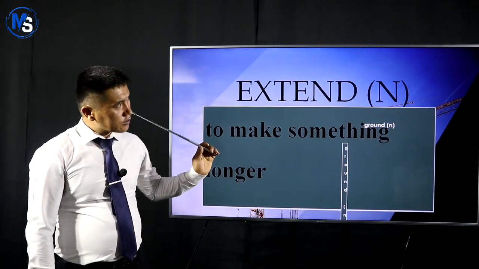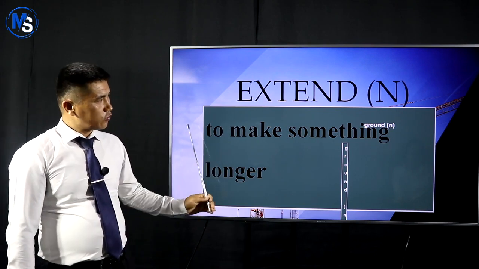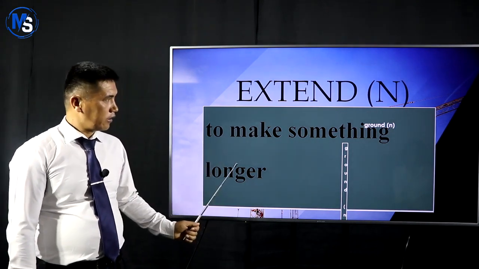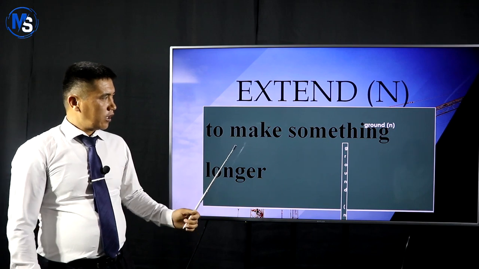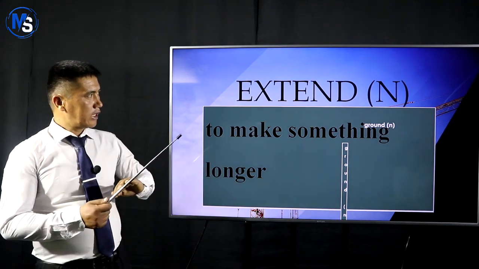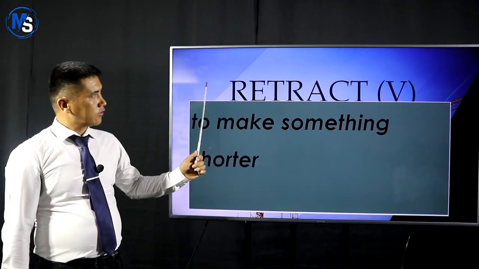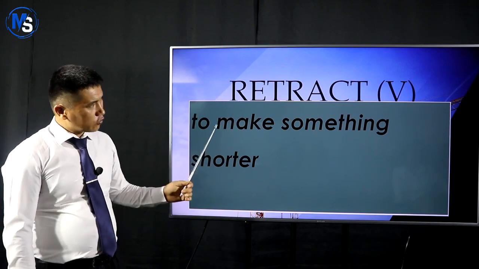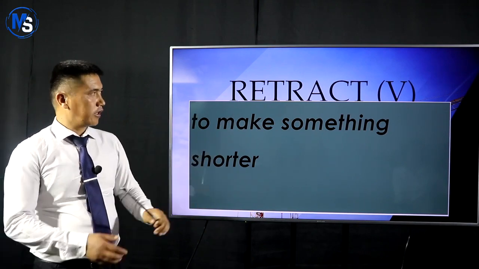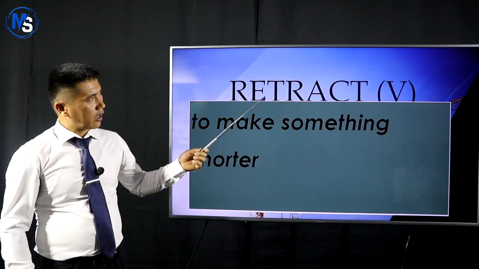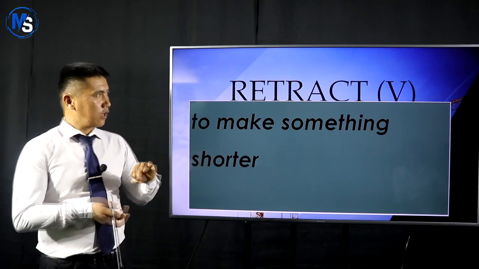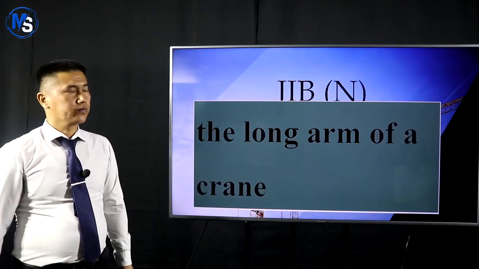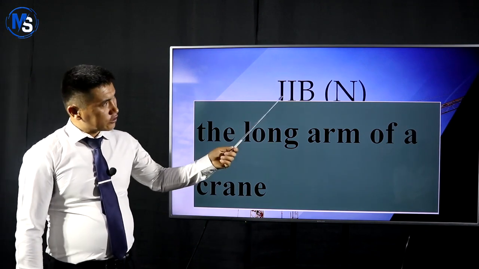Extend, to make something longer. For example, the crane boom must extend, and retract means to make something shorter. Extend and retract are opposite words. And the next word is jib.